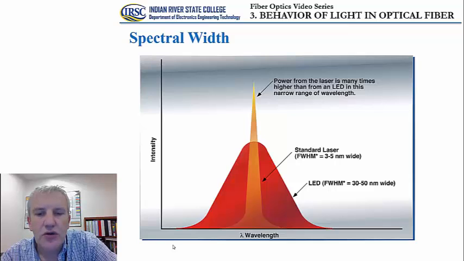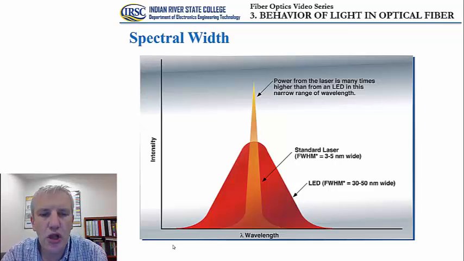In other words, if we are using an LED, we're going to get a spectral width of about 30 to 50 nanometers, and such a wide spectrum of light that's being transmitted along the optical fiber will ultimately result in a much greater chromatic dispersion, as opposed to the standard laser, whose spectral width is about 3 to 5 nanometers, which is shown here in yellow color.